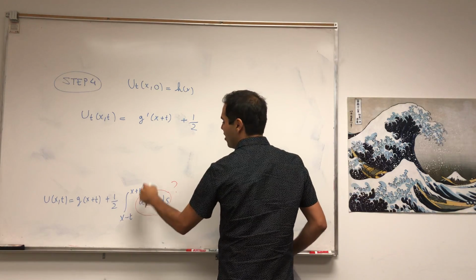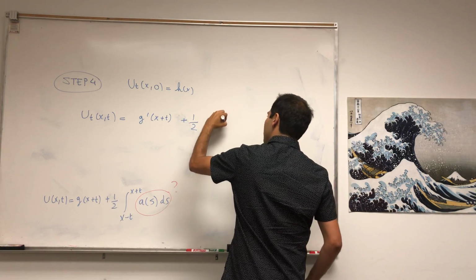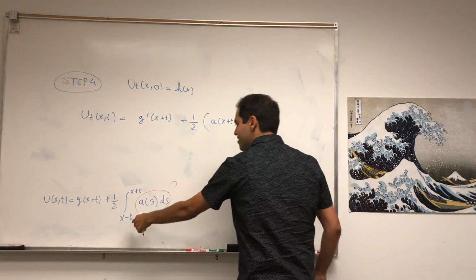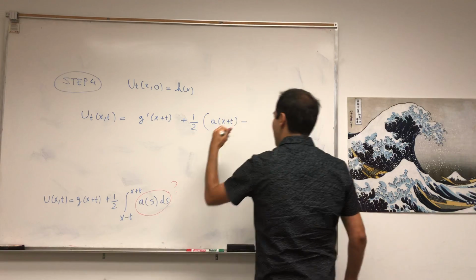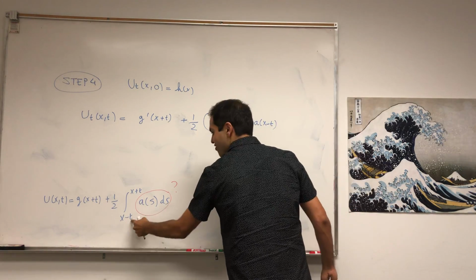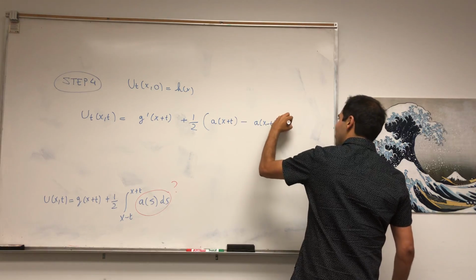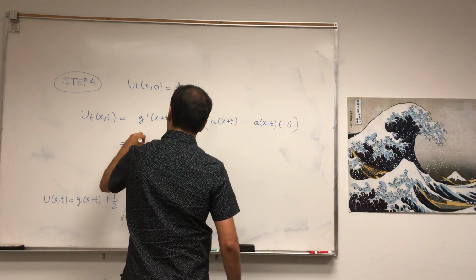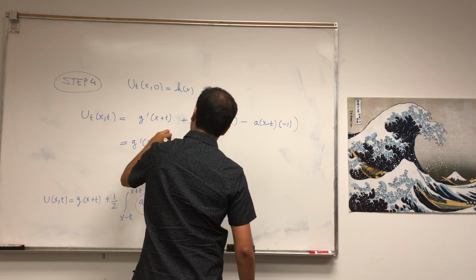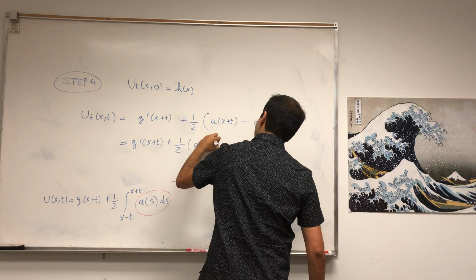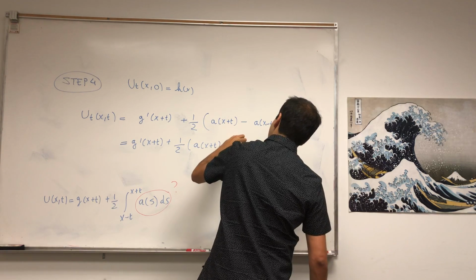So this becomes a of x plus t, and then minus a of x minus t. But because you differentiate that, you get a minus 1. And so we get g prime of x plus t plus somehow the average of the a's: a of x plus t plus a of x minus t.